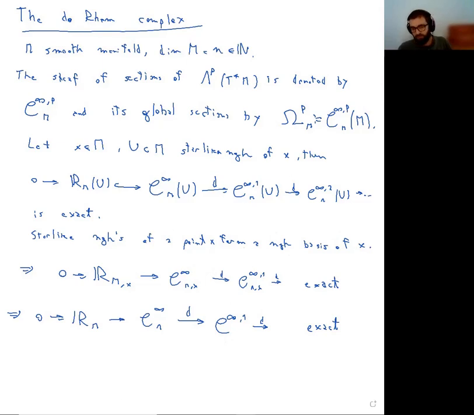So this is one particular exact sequence of sheaves, which is exact. We'll shortly see that having such an exact sequence of sheaves actually gives us important results in cohomology.